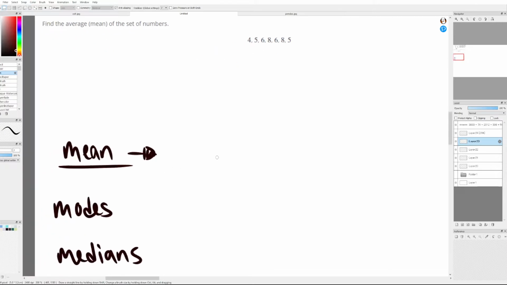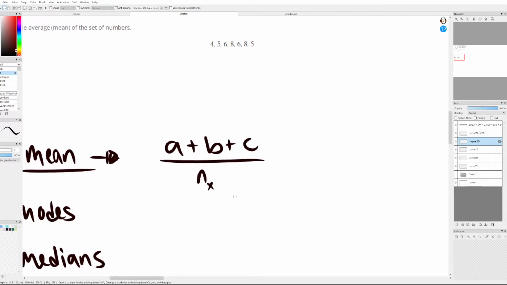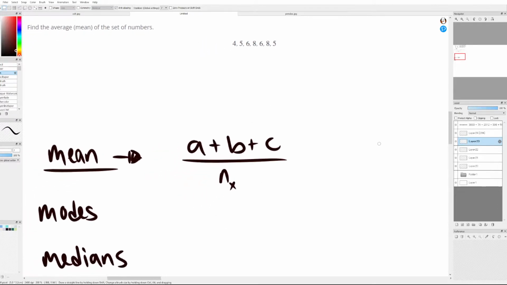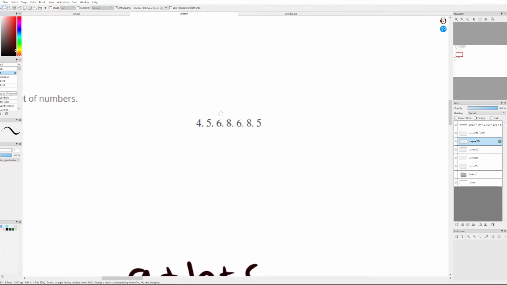The way to calculate an average is to add up all of the numbers and then divide by how many numbers you have. So if we're looking at this, we want to add them up. There's 7 numbers.